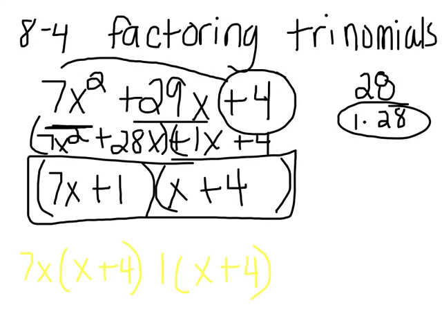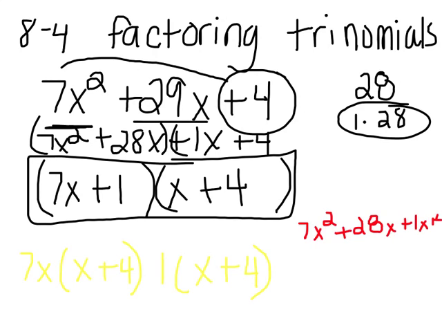And this would be our answer. As always, we should do out the distributive property to check our answers. So again, I'll do this in red off to the side. 7x times x is 7x squared. 7x times 4 gives us the 28x. 1 times x gives us the 1x. And 1 times 4 gives us the plus 4.